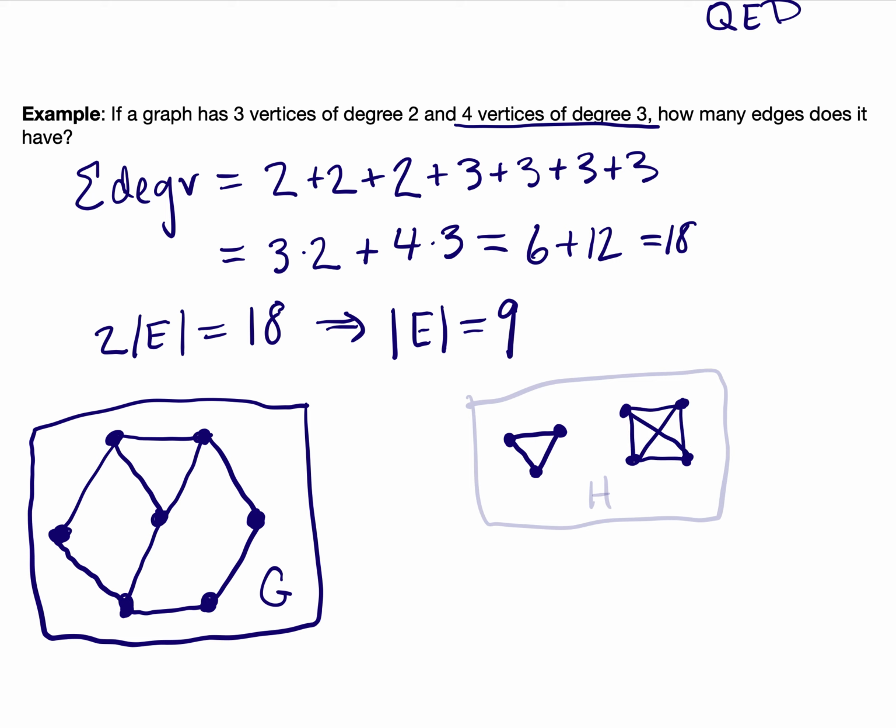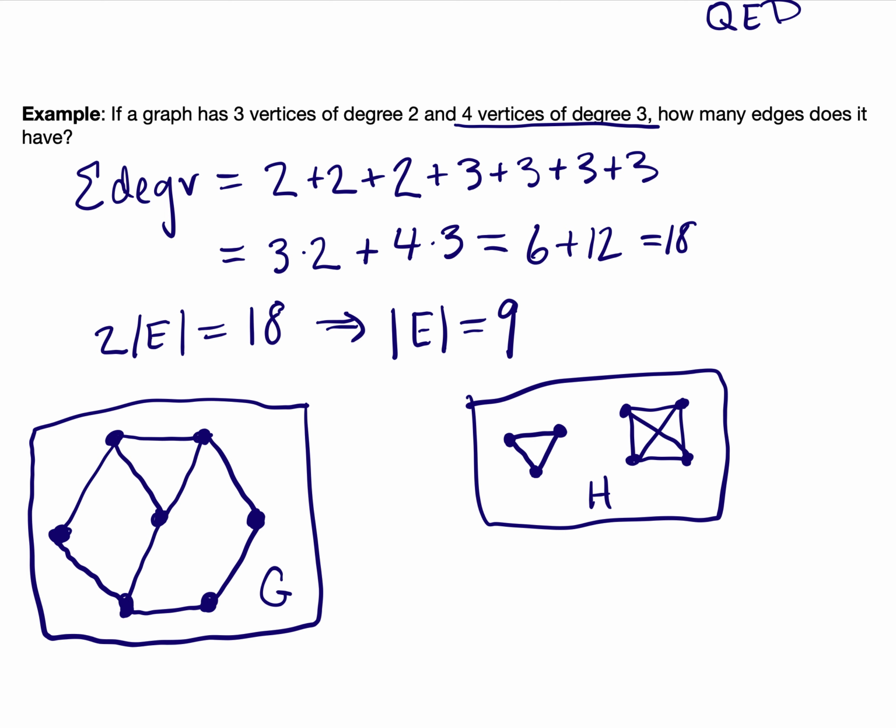And so now we also have another graph, H, that has the property that there are 3 vertices of degree 2 and 4 vertices of degree 3. And we can count in each situation and verify that there will be 9 edges in each of those graphs.